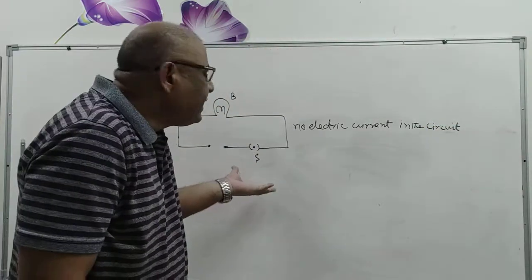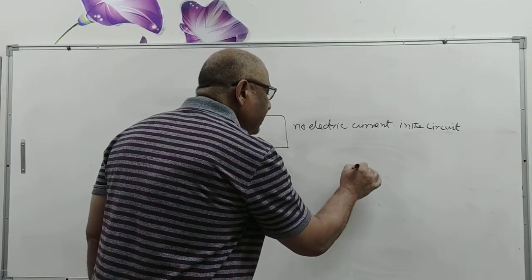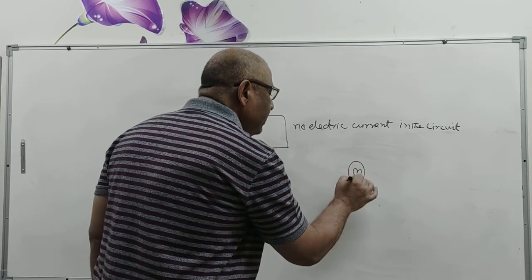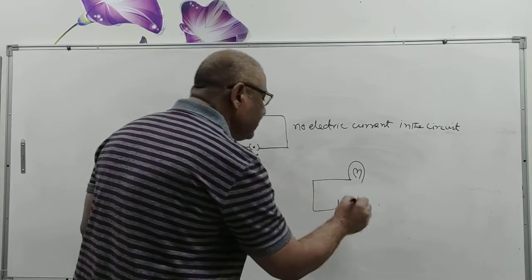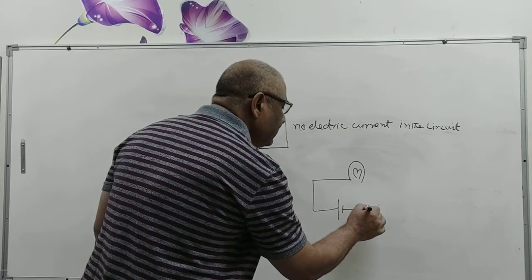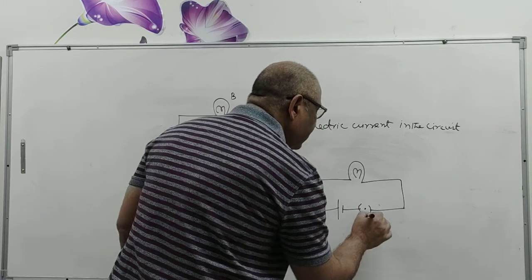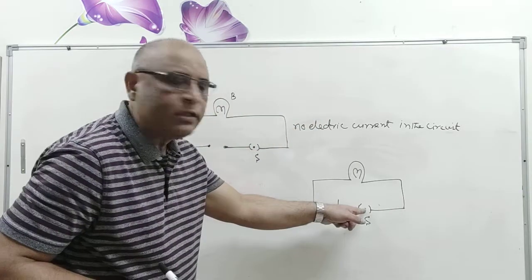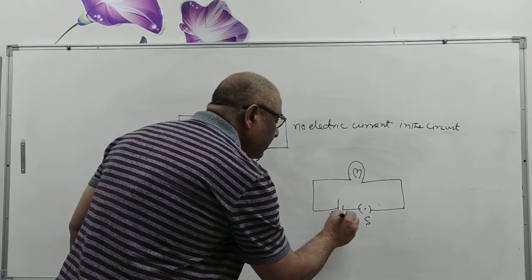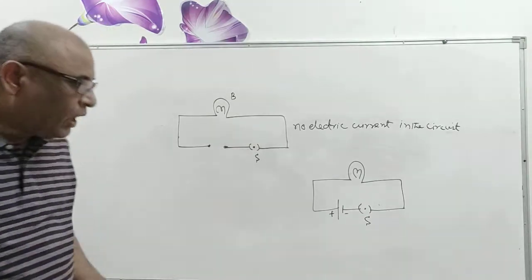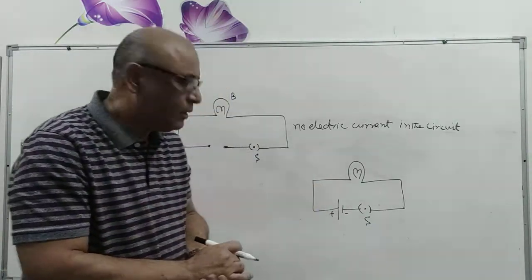Now, bring a change in the circuit. Again, this is the bulb, and here a single cell is used, and this is the switch. This point shows that the switch is on. Now this is positive and this is negative. Now EMF, electromotive force, is present.